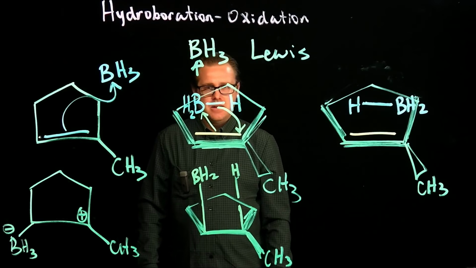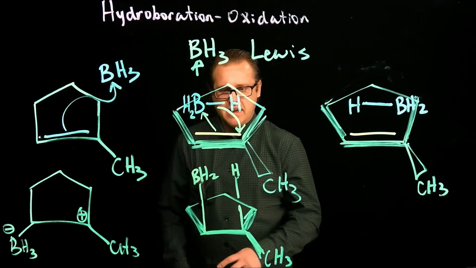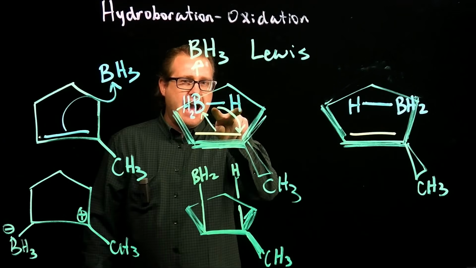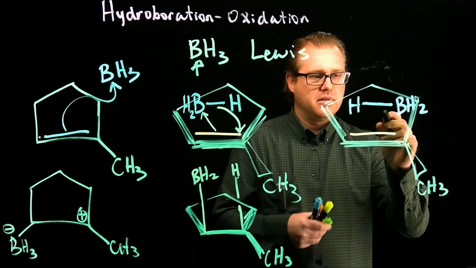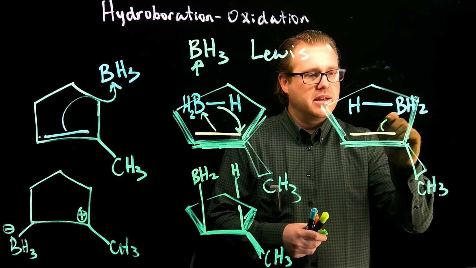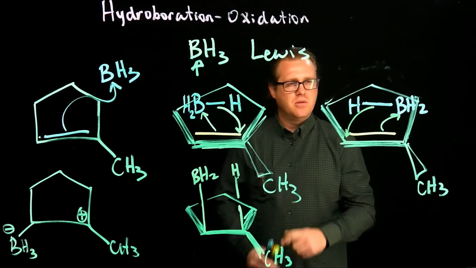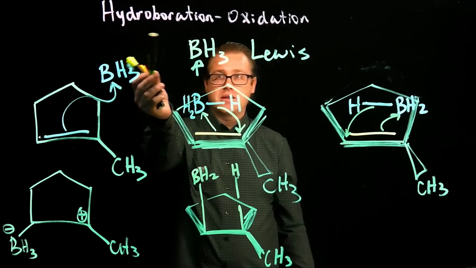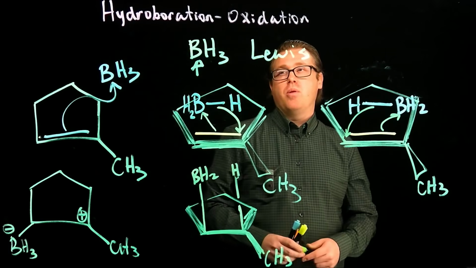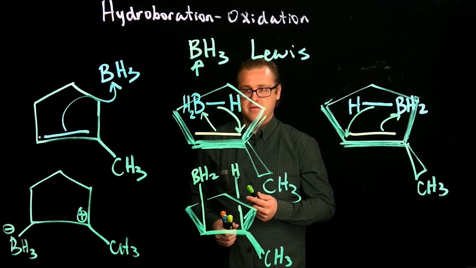But now, the next consideration that we need to talk about is why does it add this way instead of this way? Why does it not do this? Because remember, these hydroboration-oxidation reactions are regioselective.